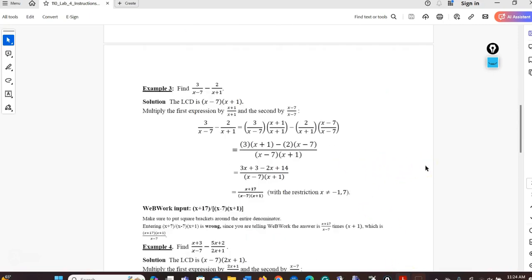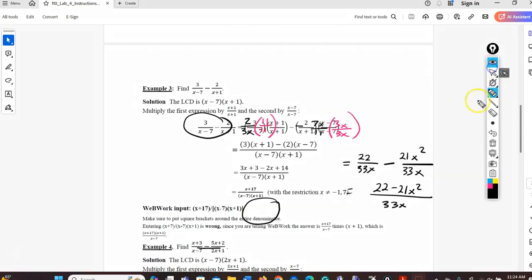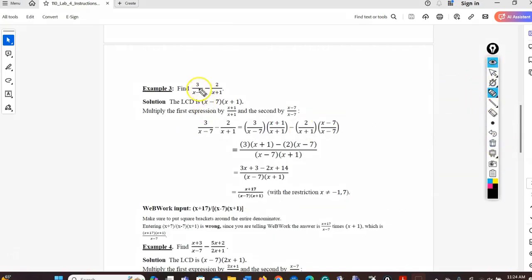Okay, so let's come up to the next one. Again, we can see that we do not have the same denominator. So I'm going to have to do that trick again. And so to get these to have the same denominator, I'm going to multiply top and bottom of this one by x plus 1.